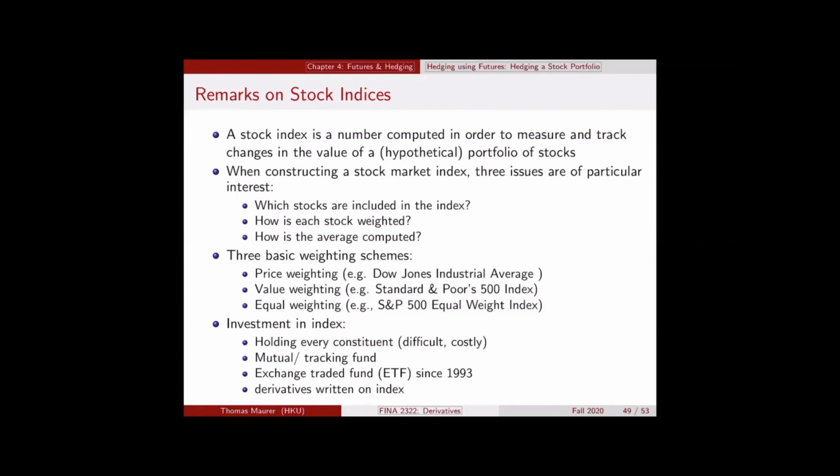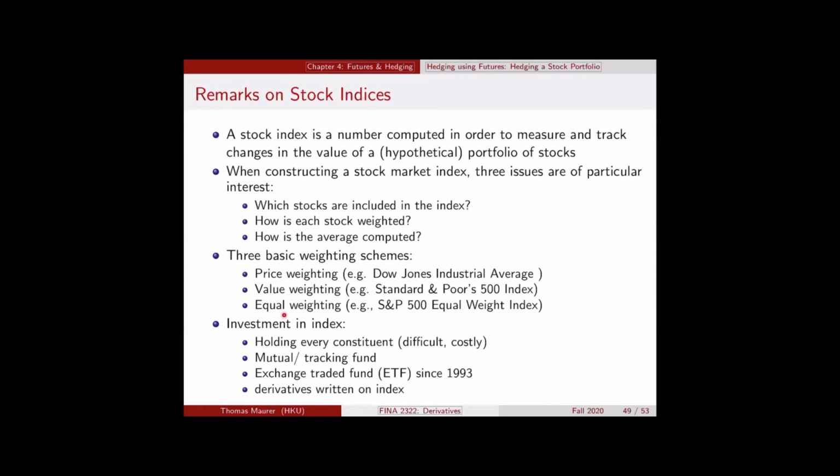Then in contrast to the price-weighted index, we have value-weighted indices, and that's, for example, the S&P 500 index, which represents the US stock market, and actually also many other indices across the world, like the Hang Seng Index in Hong Kong, the Swiss Market Index in Switzerland, the FTSE 100 Index in the UK, or the Euro Stoxx 50 representing the European stock market.